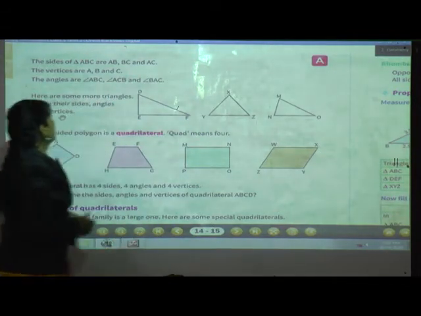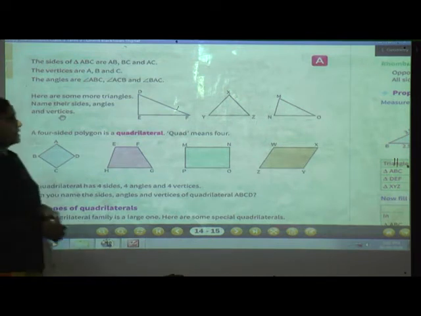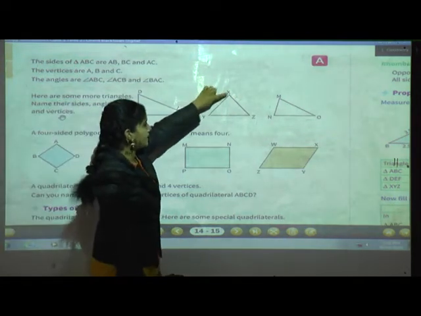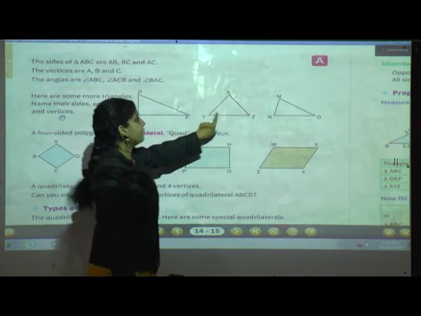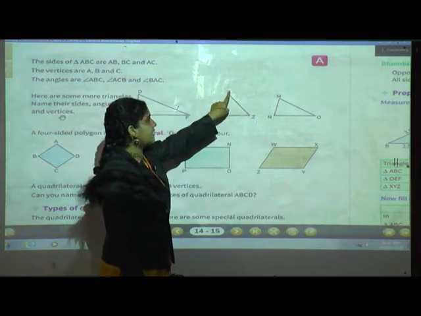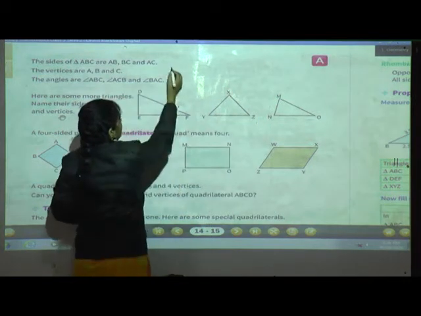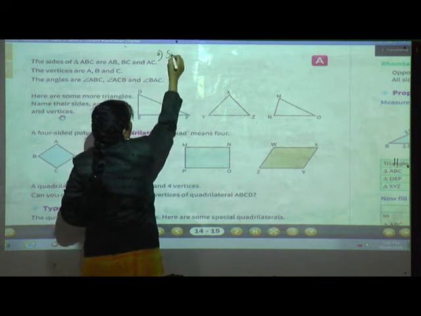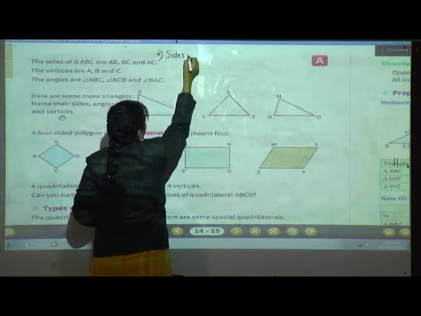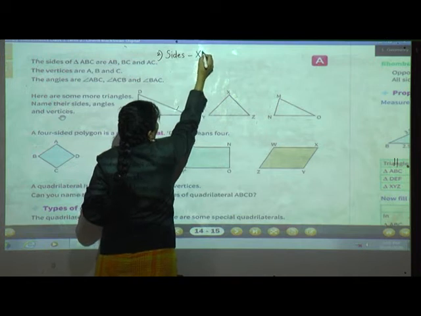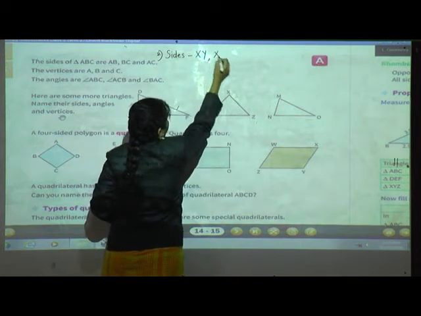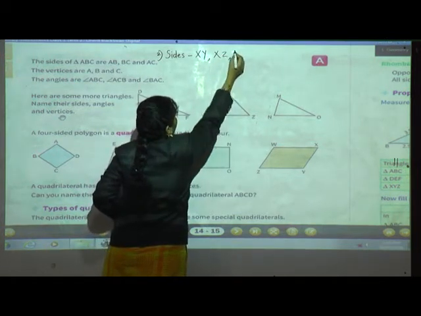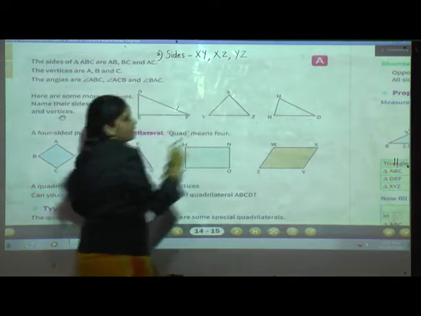So the sides of a triangle XYZ are side XY, side YZ and side XZ.